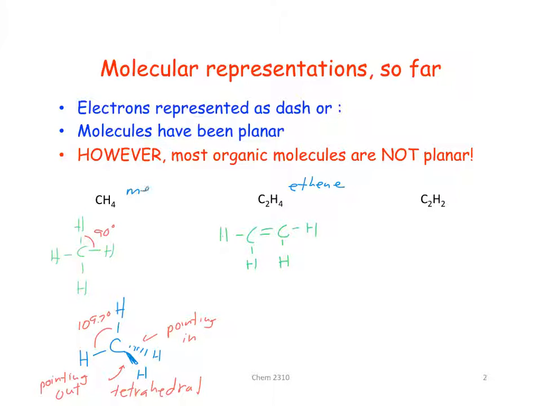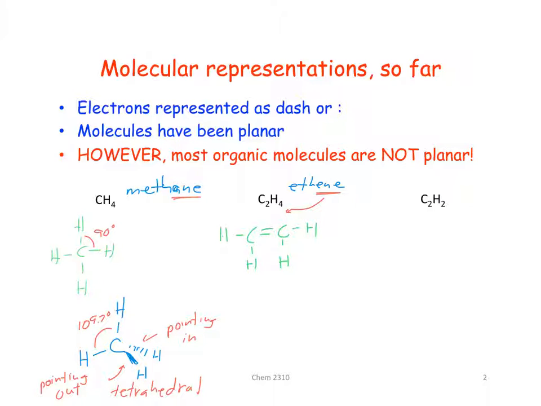This is methane. This shows you something about our naming: A-N-E is all single bonds, and E-N-E, what do you think that would stand for? That means that we've got a double bond.